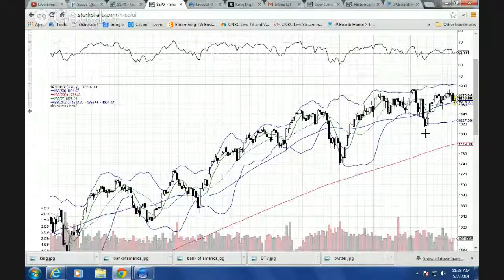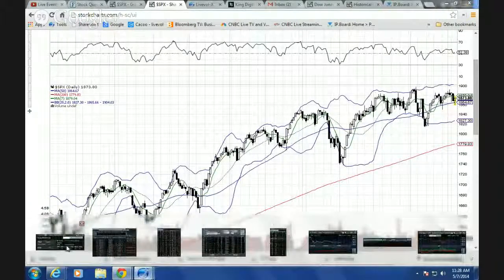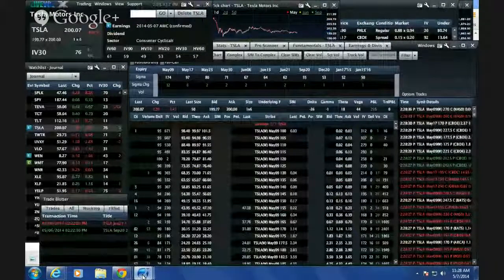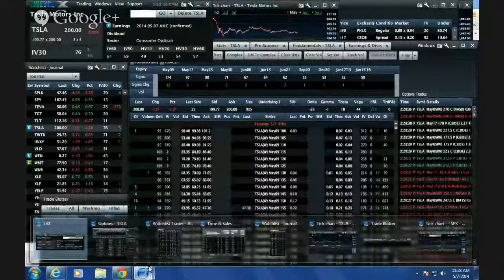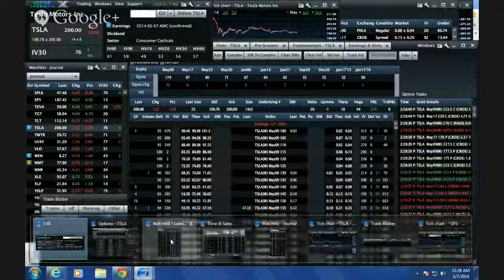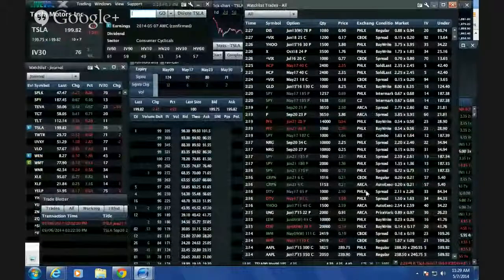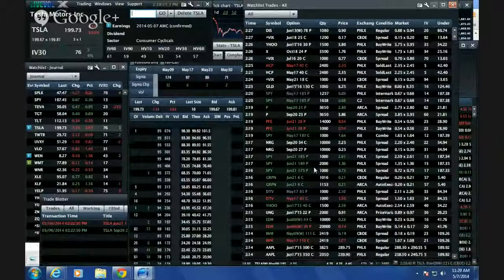But there are ways to make quite a bit of coin doing that, by looking at the block trades. There'll be trades that come in, and a lot of them will be very aggressively buying puts. This one looks like some kind of butterfly, but who knows.